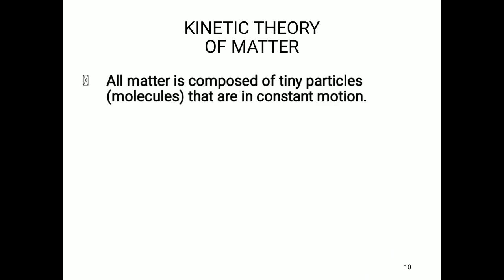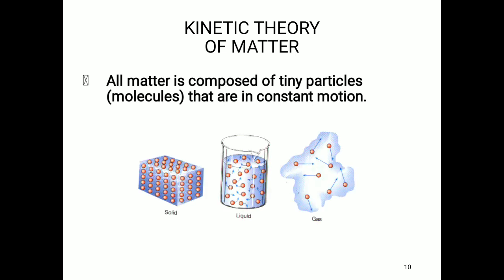Now the next concept we would like to discuss is the kinetic theory of matter. All matter is composed of tiny particles, molecules, that are in constant motion. So we know that in any molecules or any matter, there are small particles associated and structured.